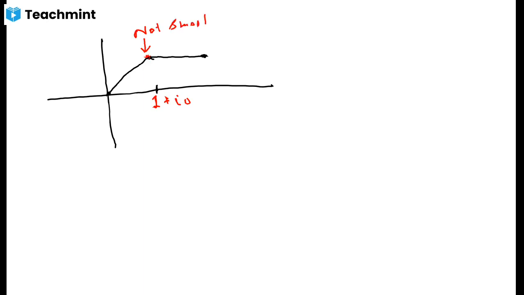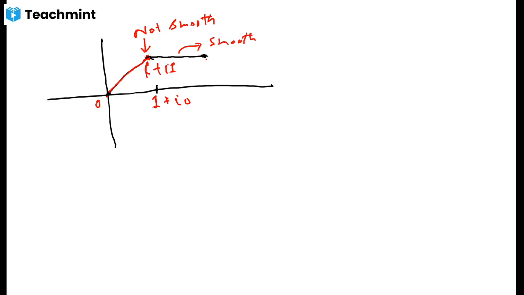Whereas elsewhere, right from the origin to this point, it is a completely straight line. It is a smooth function, and afterward, this point where we have a sharp bend is at 1 plus i. Afterwards, it is a horizontal line. It is also smooth. So there is a point where this is not smooth, but elsewhere it is smooth.